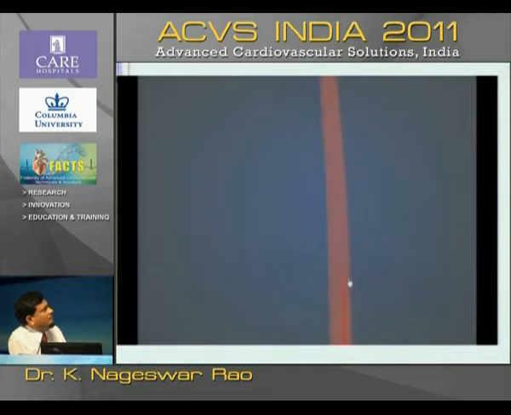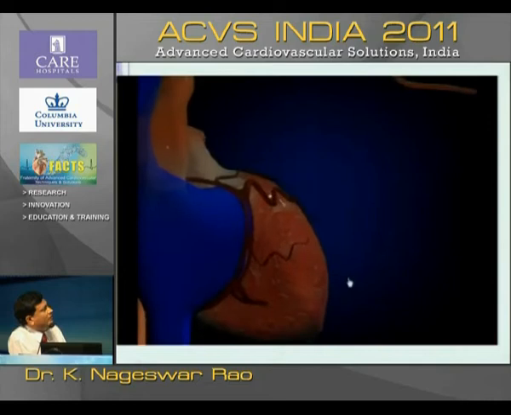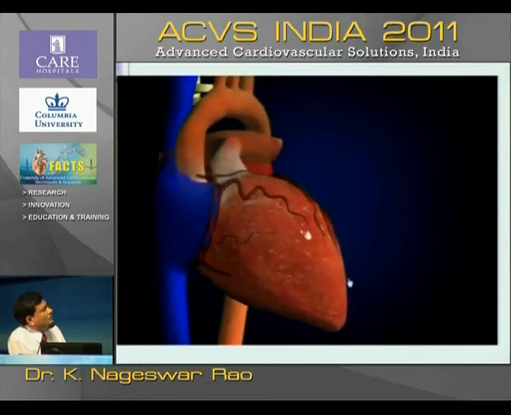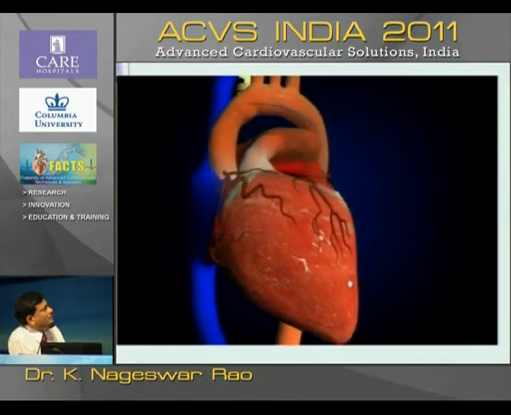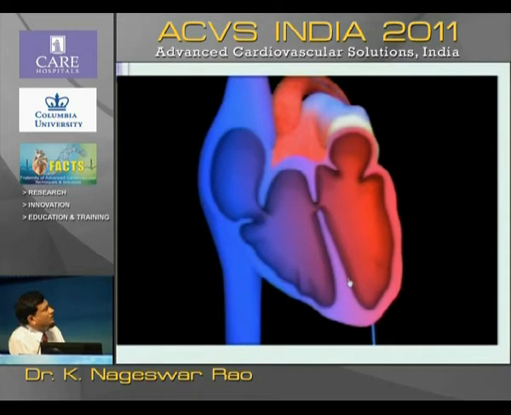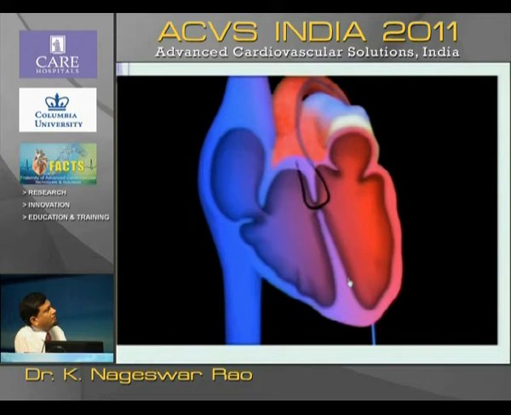Otherwise, in a conventional method, you have to put a bigger delivery sheath of 8 French or 9 French if you want to do antegrade. Once you have done that, you advance the guiding catheter with the glide wire inside, usually an angulated 0.035 or 0.032 glide wire, and pull back from the apex towards the ventricular septum.